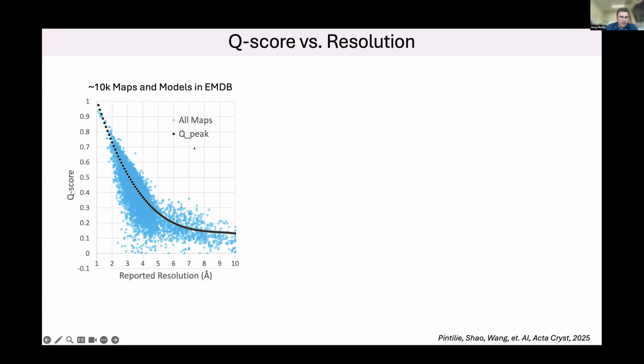I don't have it written here, but the R squared, the correlation coefficient, was something like 0.7, 0.8, which indicates a reasonable correlation. For perfect maps and models, the correlation coefficient is actually 0.9. It can be very high. But many points are far away from this curve.